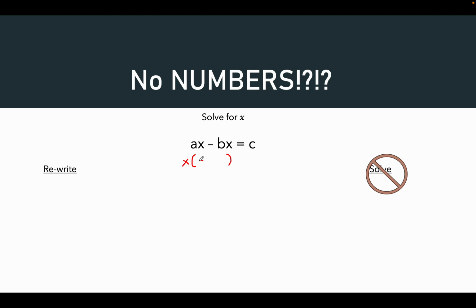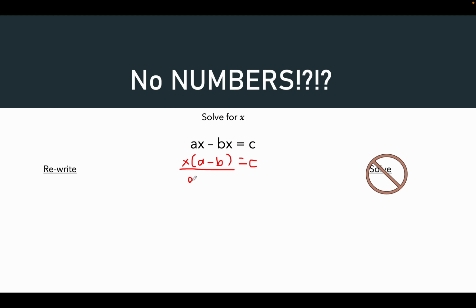And that leaves me A minus B. And then I can just bring down the equals C. So over here, I can divide this whole thing by A minus B in parentheses, and it'll leave X alone.